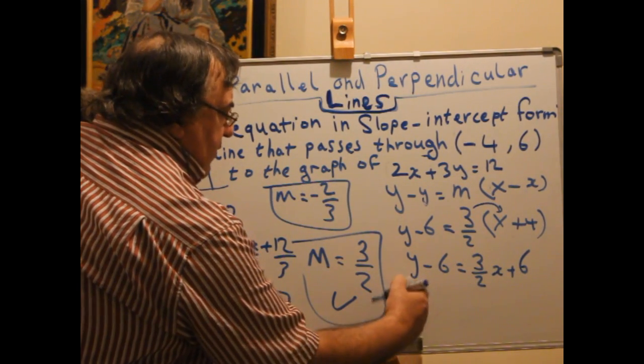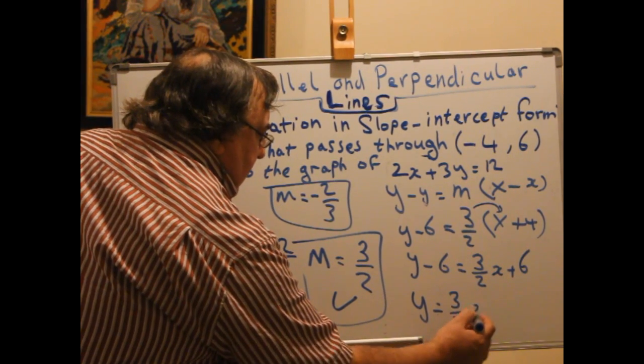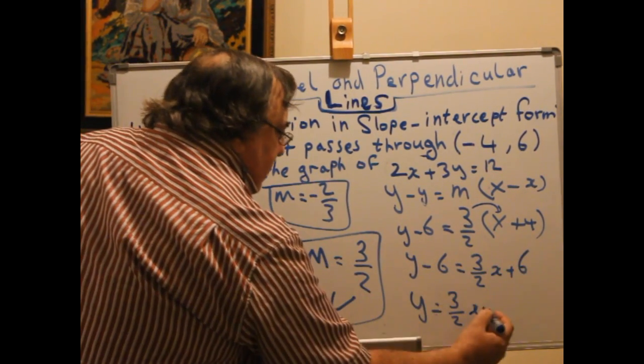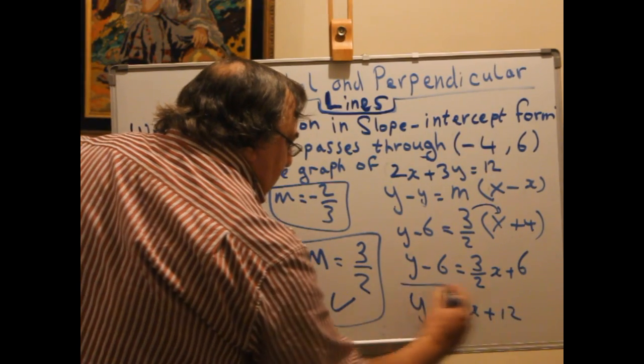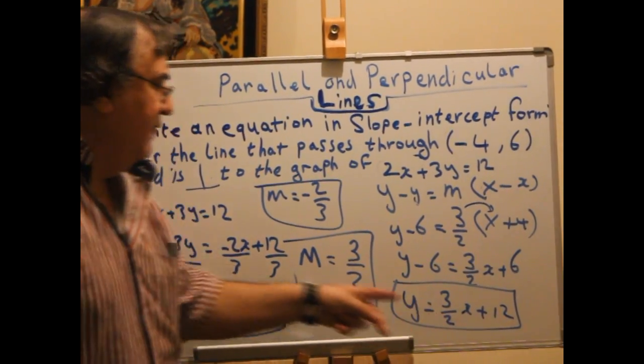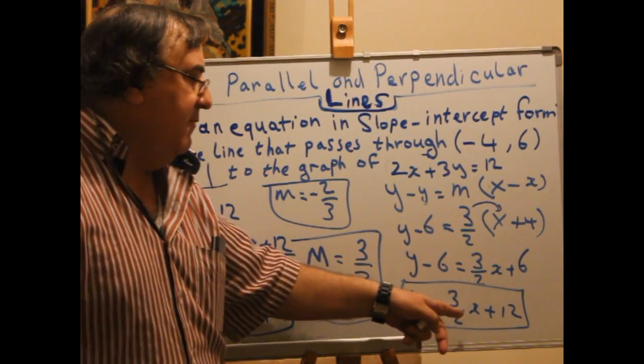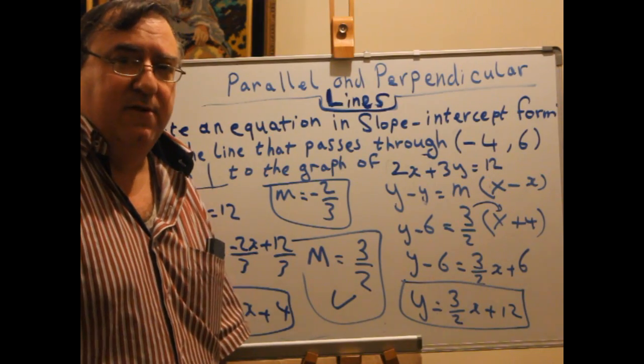Now bring y alone: y equals 3 over 2 x plus 6 plus 6, which gives 12. And this is the equation I need, which has slope 3 over 2, perpendicular to this one, and y-intercept 12.